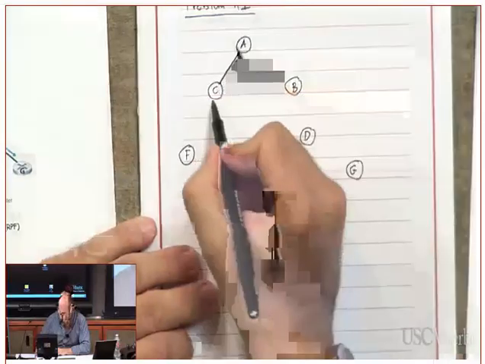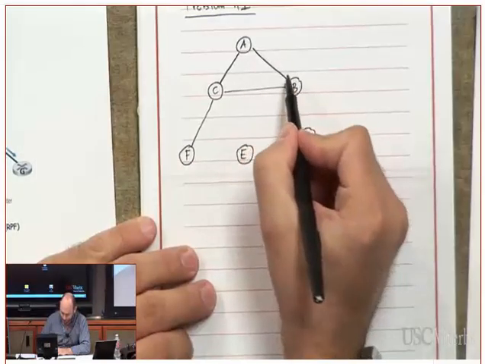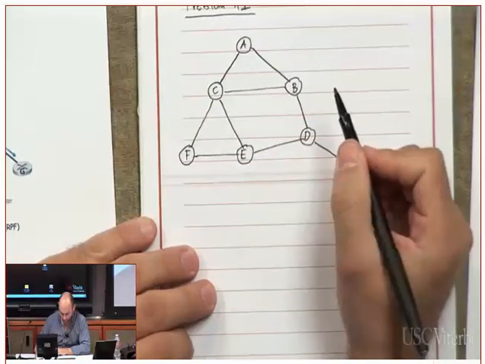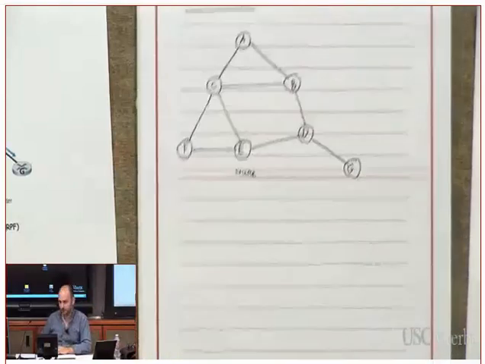Okay, so let's work it together. Any ideas? We have this guy as the source. Okay, so we're going to see how this evolves using RPF. So what is the first thing that happens in RPF? E broadcasts a message to its neighbors. So at the beginning we have F, C, and D receiving the message.